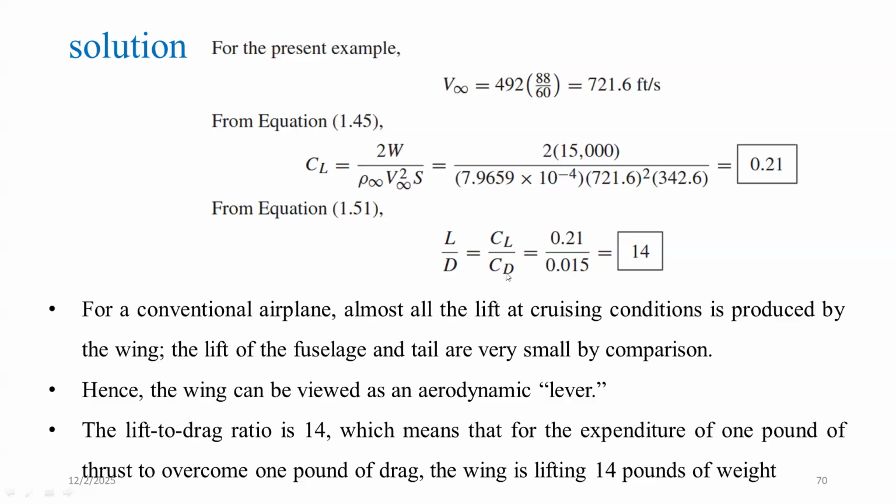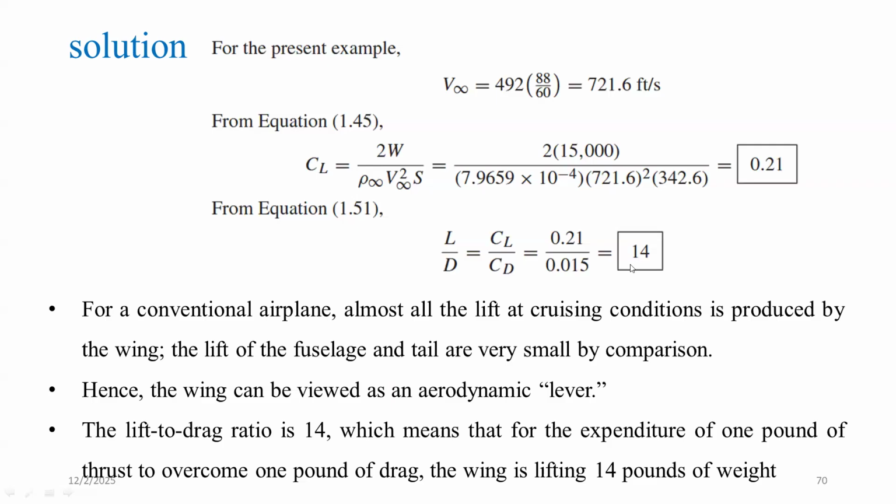But here the CL over CD condition is sufficient. So 0.21 is the CL and 0.015 is the CD. So the lift to drag ratio is 14. This means the lift must be 14 times higher than the drag.